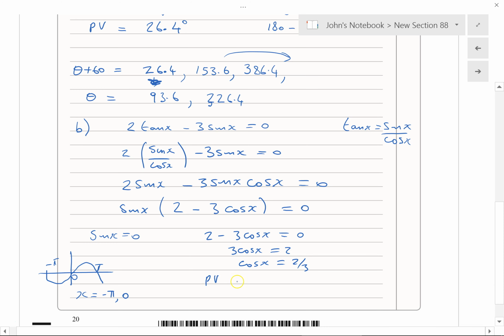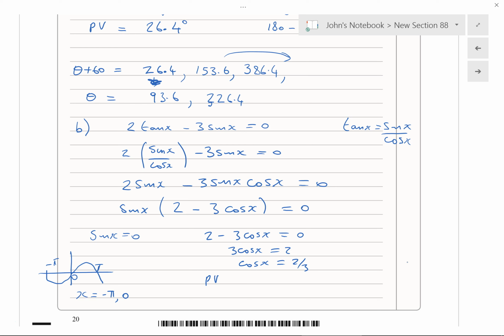So principal value, we can either work in radians straight away and then just take away and find a negative of it, which will work fine, because the cos graph is even. So the first solution is our principal value and the second one is minus our principal value. I'm going to change the calculator to radians in this case.